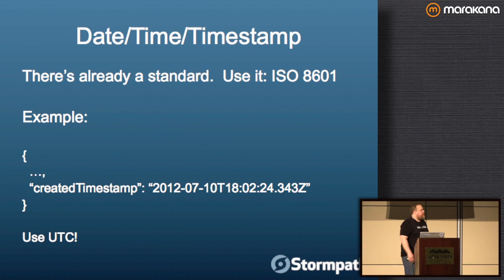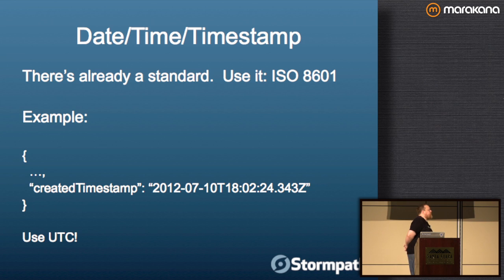Dates and times. This is an interesting thing. I've seen a lot of different APIs represent timestamps and dates in many different ways. And really, there's no reason to do that. There is a standard. It's been around for a long time. It's called ISO 8601. So you should use it. The specification exists to specifically represent text encoded times and dates and timestamps.